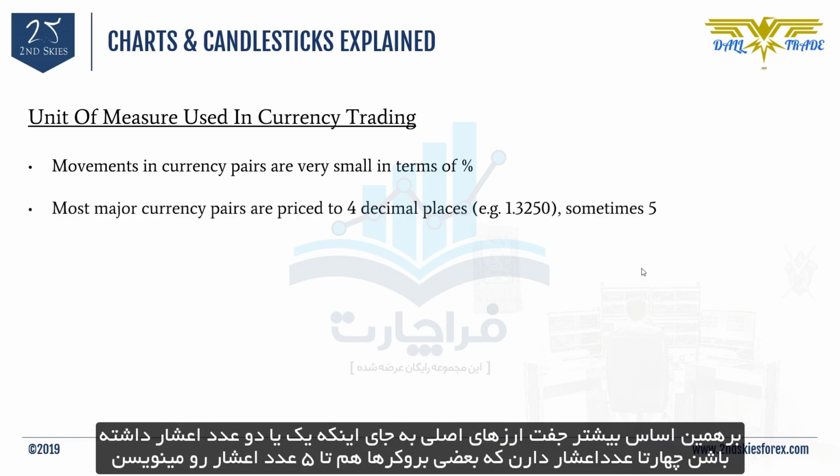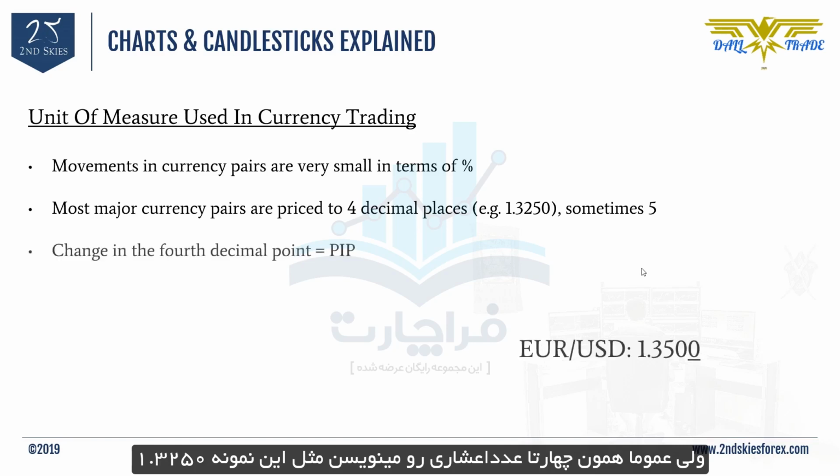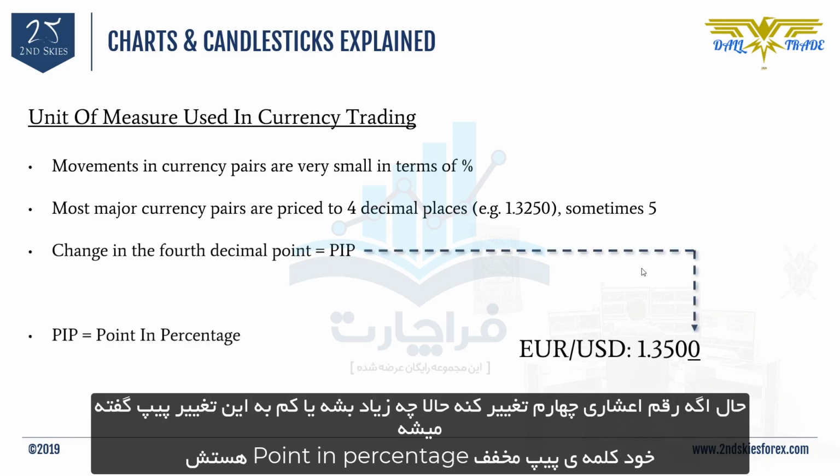Because of this, most major currency pairs, instead of just 1 or 2 decimal places, have 4, which is the most common number of decimal places. Some brokers also have 5, but the most common is 4 decimal places. In this example, 1.3250. So when we look at the change in the 4th decimal point, when price moves either up or down, this is called a pip.